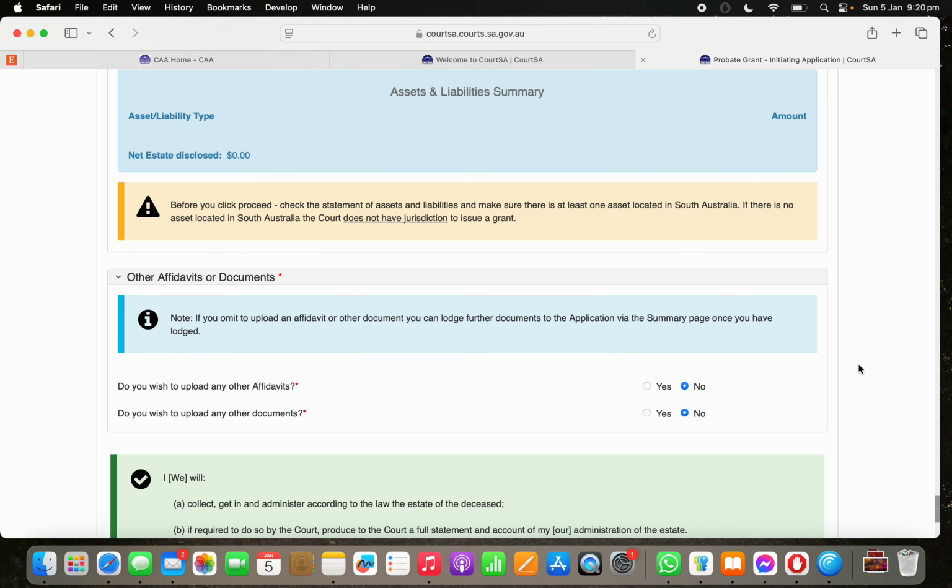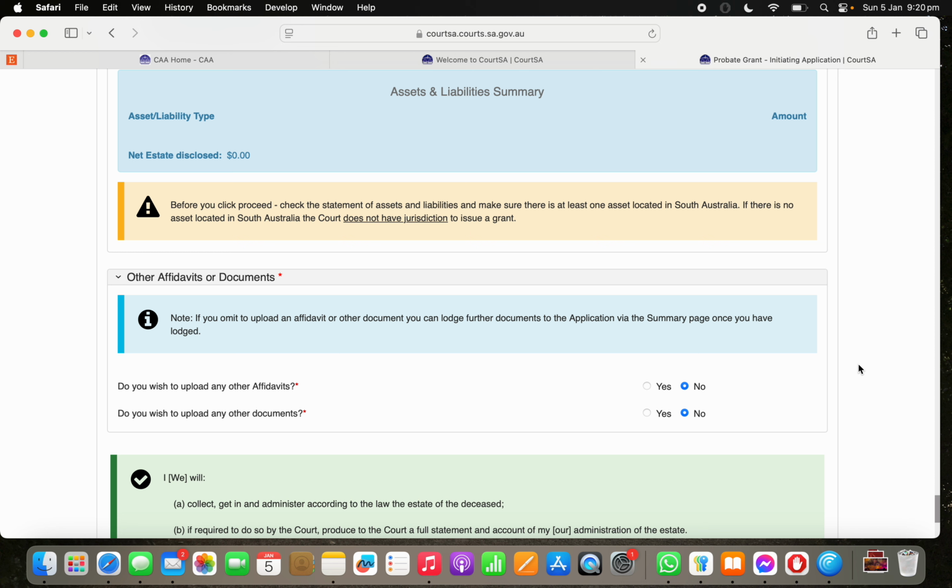Now again, you have that warning which we've repeated over and over again, that says please make sure that at least one asset is located in South Australia, even if it's furniture and effects and everything else is on the eastern seaboard. The furniture and effects gives the probate registry the jurisdiction to issue the grant.